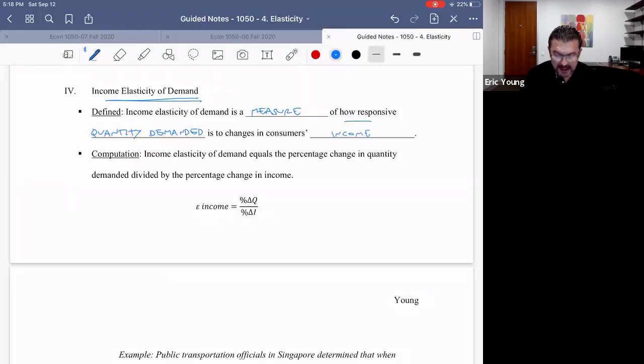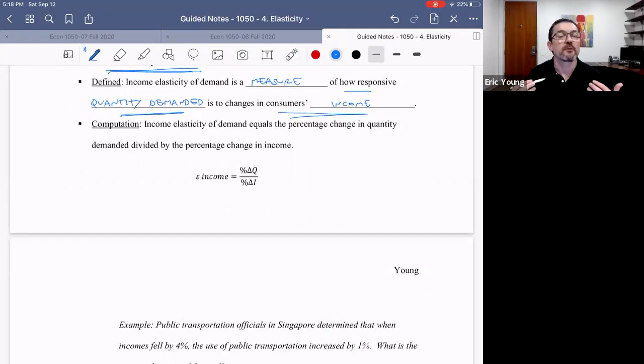So again, it's an elasticity measurement comparing two variables. In this case, we are measuring the responsiveness of quantity demanded to changes in consumers' income.